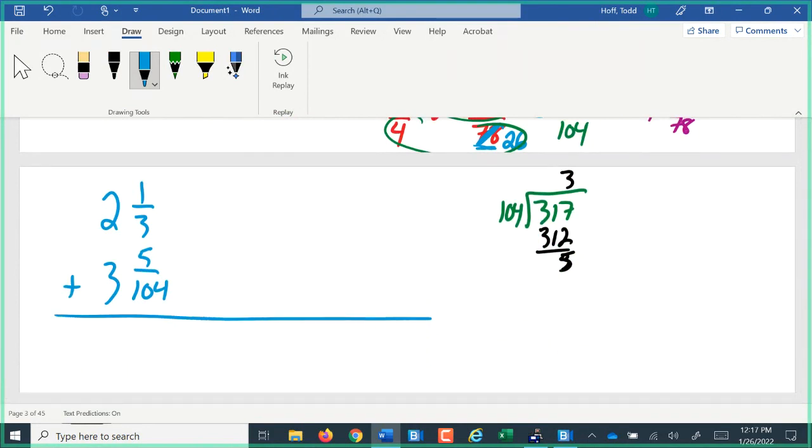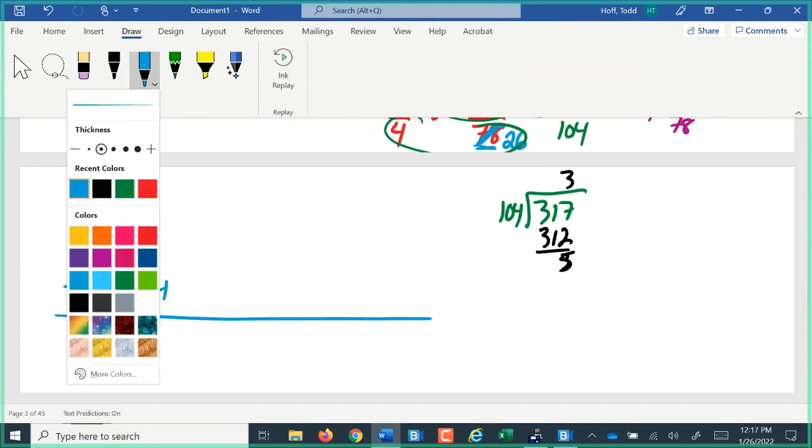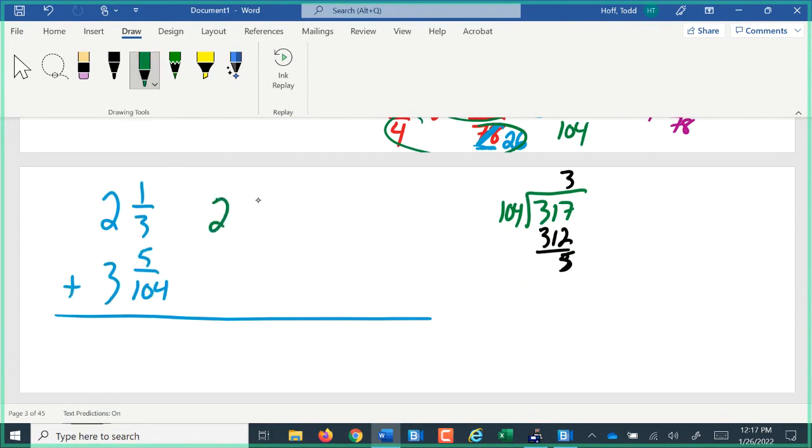Again, ugly common denominator. Rather than trying to figure out what would be the least one, I'm going to go ahead and just use 3 times 104 is 312. So 3 times 104 was 312, so 1 times 104 is 104. 104 times 3 to make 312, so 5 times 3 is 15.